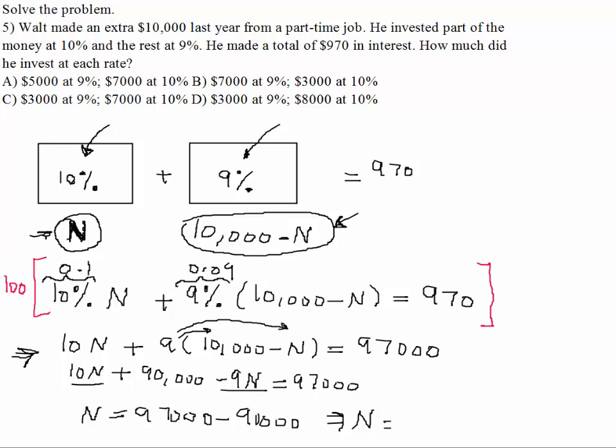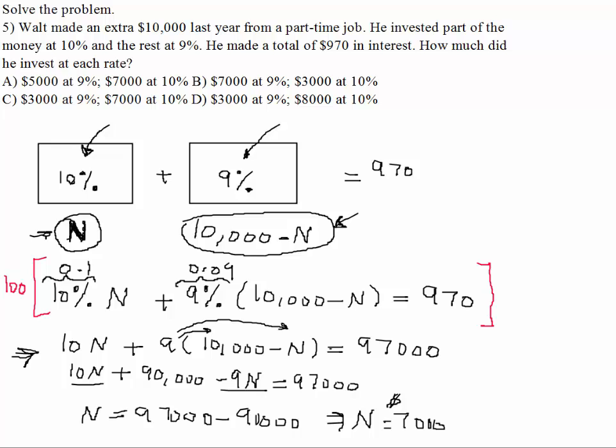N would be equal to what? 7,000. 7,000, very good. Somebody put 700. It's 7,000. Okay? 7,000. And don't forget, you put a dollar sign, you should have a unit for all your final answer.